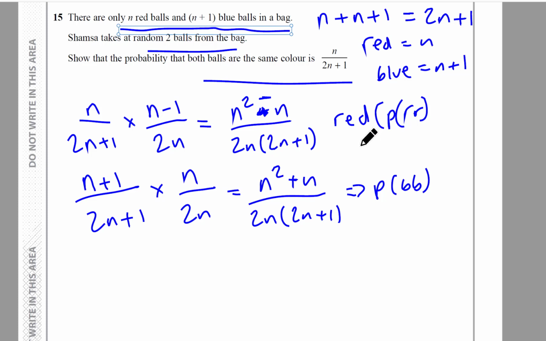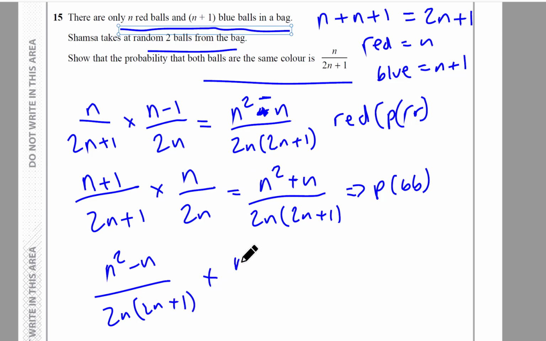Now that looks good. So we've got to show they're both that colour. So we just add those two together. So what's this added together? We've got the denominators the same, but I'm going to do the full working out. We didn't need to expand too much, because if you look at this question, we want to keep things as simple as possible.